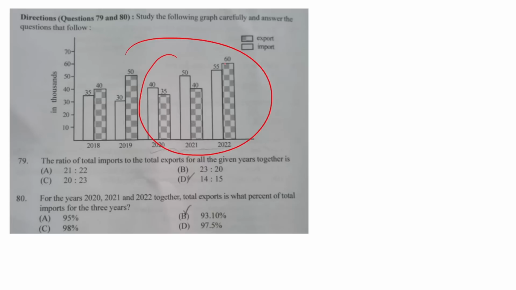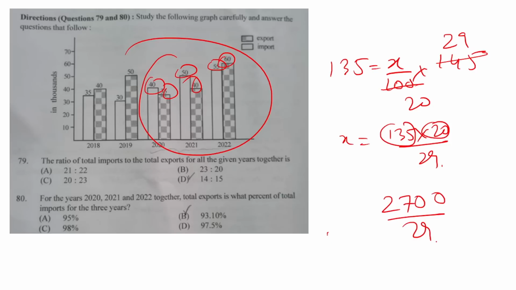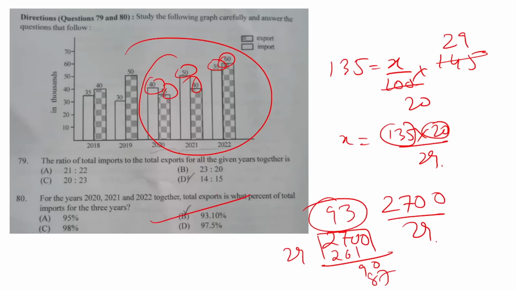Total export is 60, 30 and 45, which gives 135. It is what percent of 55 plus 40 plus 50, which is 145. Cancelling by 5, x is equal to 135 into 20 by 29. 135 into 20 is 2700 divided by 29. 29 9s are 261, and the remainder gives 9 0. Then 29 3s are 87. So the answer is 93 point something, which is option number B.